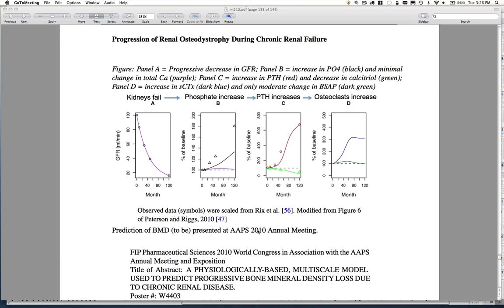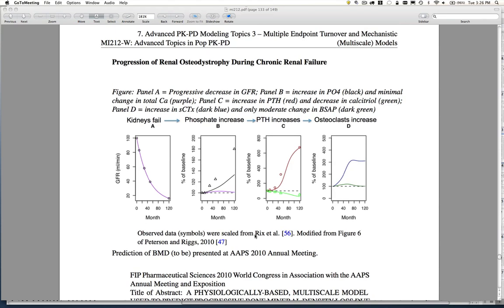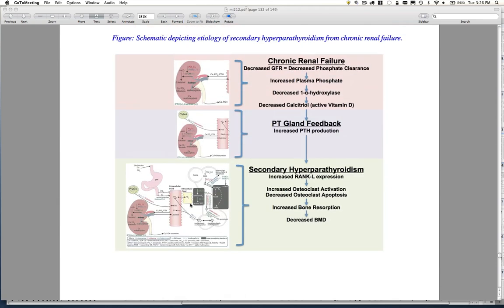Also included in this poster is what happens when there's a class of therapeutics out there called calcium sensing receptor agonists, and they actually feed in here and kind of fool the PT gland into thinking that there's more calcium than there really is, and so sort of combats the effect of this decrease in calcitriol.